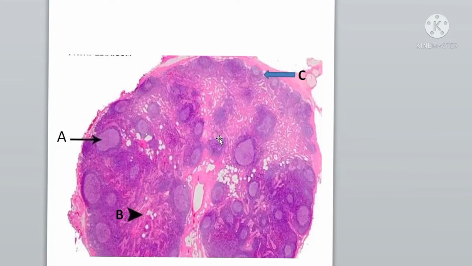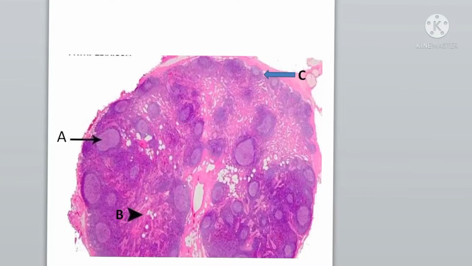Okay. And then can you explain how the lymph node architecture is divided, or just give a brief. Lymph node architecture is mainly there is a capsule. Below the capsule, there is a cortex, and below the cortex, there is a medulla.